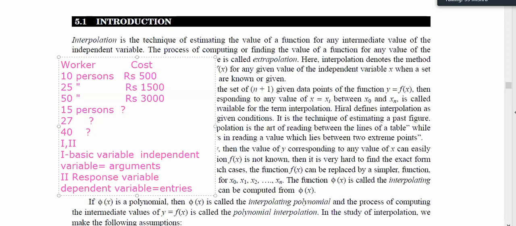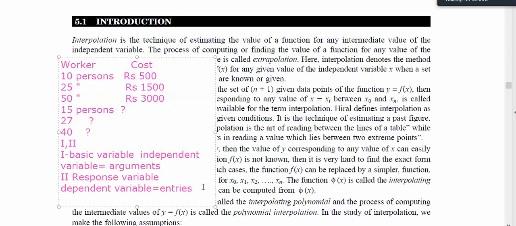So I told you the question: when 15 persons are working, how can we compute or estimate the cost? Here, data is only given in the order of first and second variable.